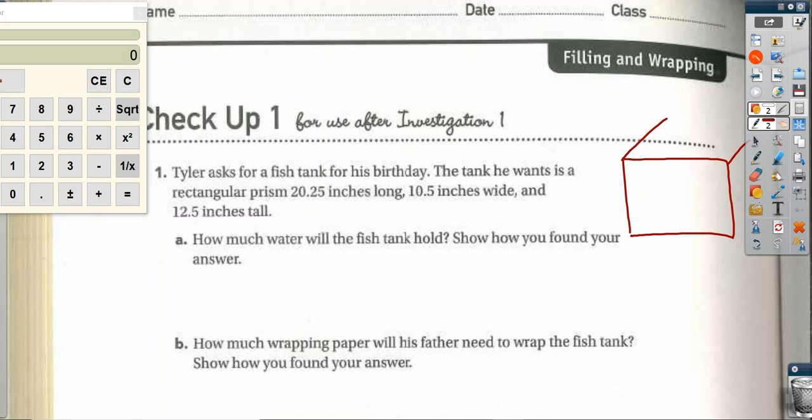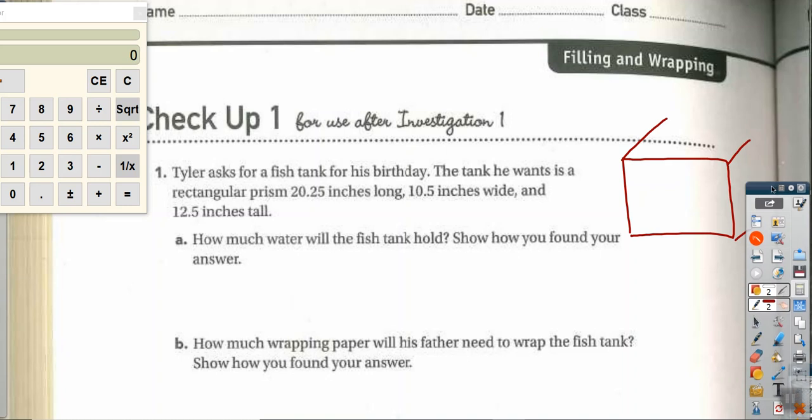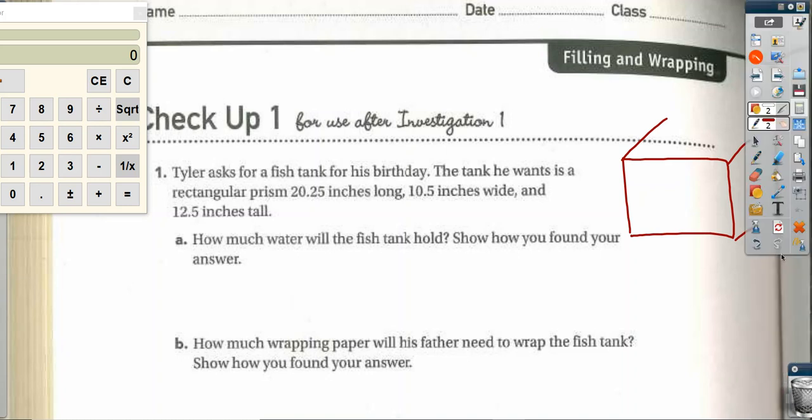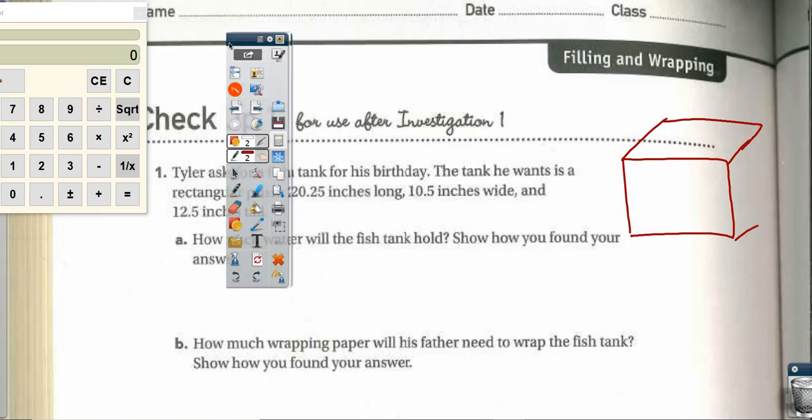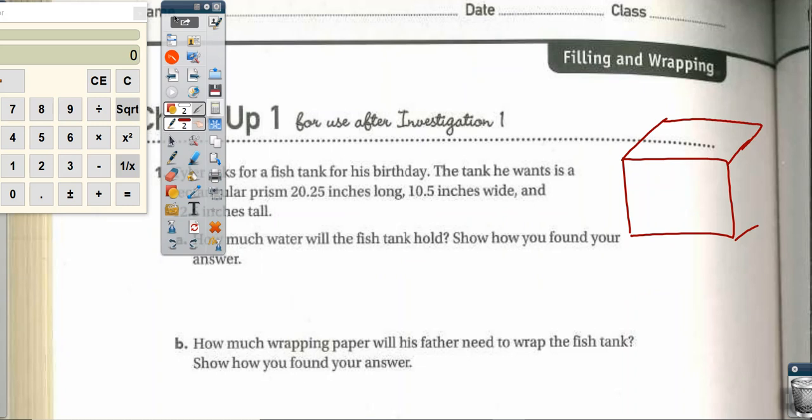So I'm going to draw this so that I can picture what we've got going on. Oh, it didn't work. Okay.